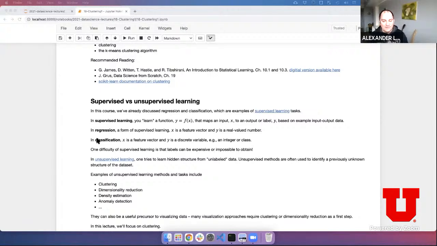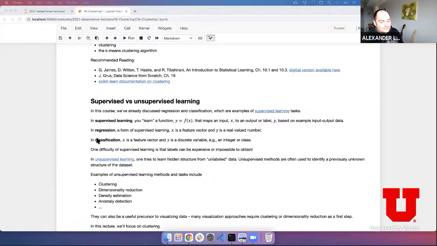Things like, did they survive or die, or what species of plant is it, based on the input data. And so taking a data vector and a ground truth label is what makes it supervised, right? That's the supervision. We have ground truth that we can use to learn something.